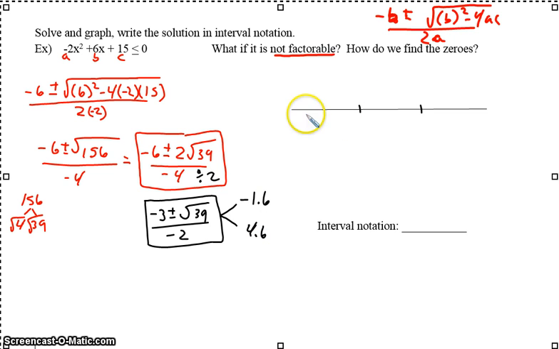So I'm going to put this on the number line by saying that this one was negative 3 plus the square root of 39 over negative 2, and that was really the same as negative 1.6, and this one was negative 3 minus the square root of 39 over negative 2, and that was 4.6.